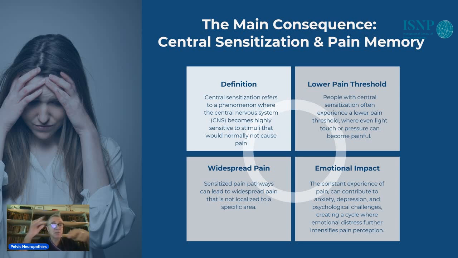That means even if someone touches you somewhere, you will suddenly have a lot of pain, because your pain vegetative nervous system is on a high level. You will feel pain for everything. Too much light, too much noise, too much touching, and you will have more pain. And that is what we call central sensitization, and it's very, very difficult to deal with this pain memory.